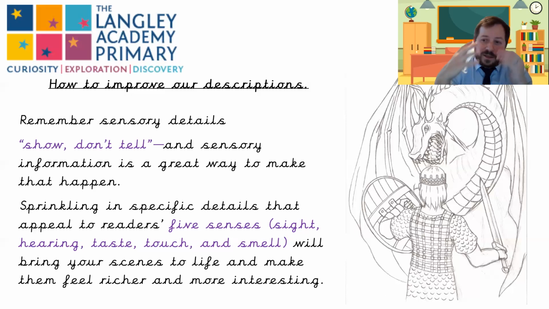And by doing that, you get that picture in your head. It's been Christmas recently, and you probably smelt it when you walked through the front doors of the school, that pine smell. And straight away, as soon as you smell that, you see a pine tree. It's using those little tricks that really brings your descriptions alive to the reader.